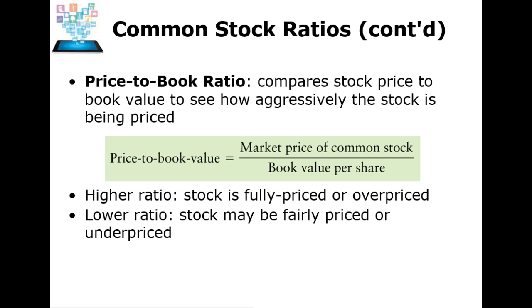The book to price ratio, or price to book ratio, is the stock price divided by the book value, giving us a percentage of the stock price in relation to the book value per share. So if the stock price is 100 and the book value is 75, then the price to book will be what percentage? $100 stock price, $75 book value per share.